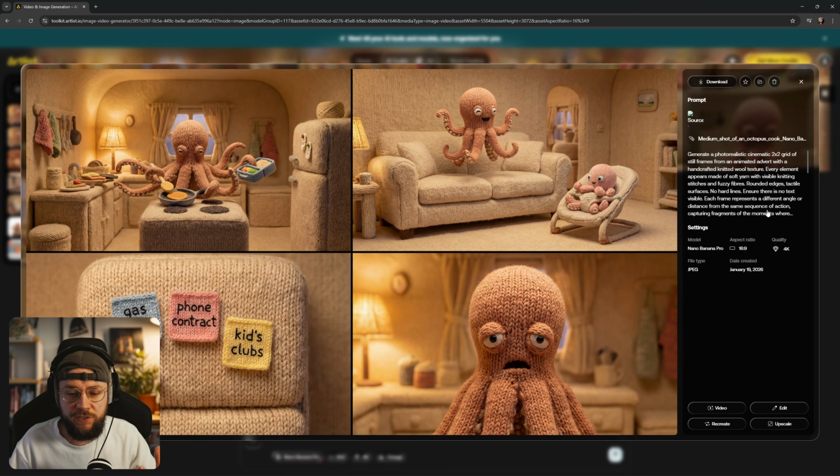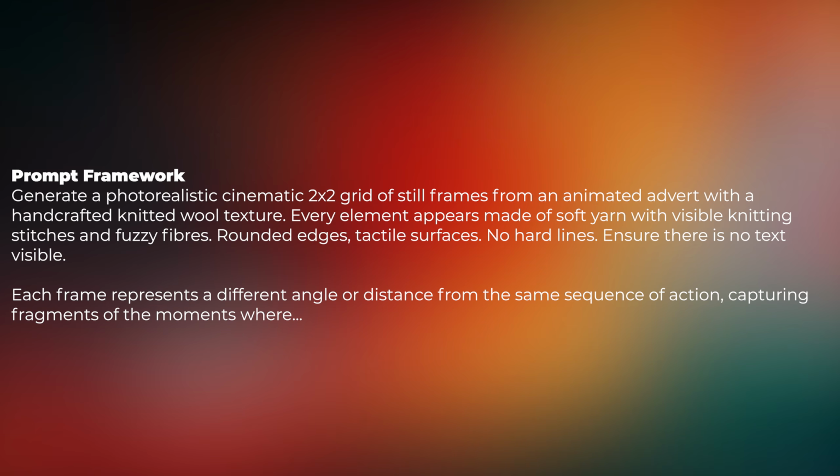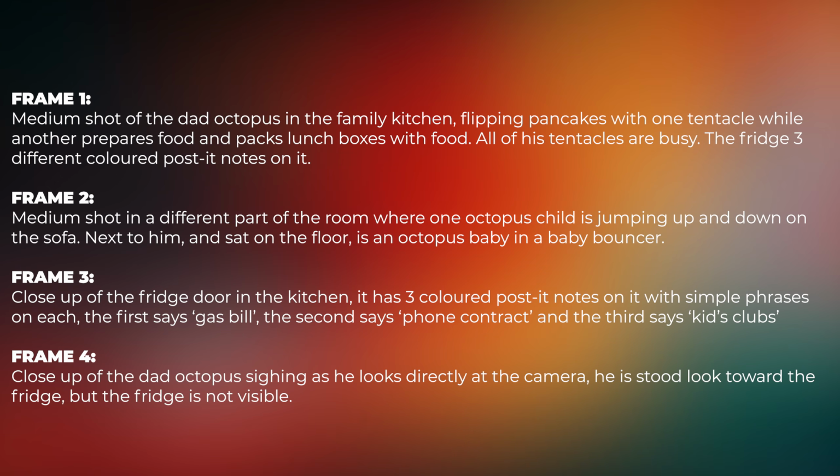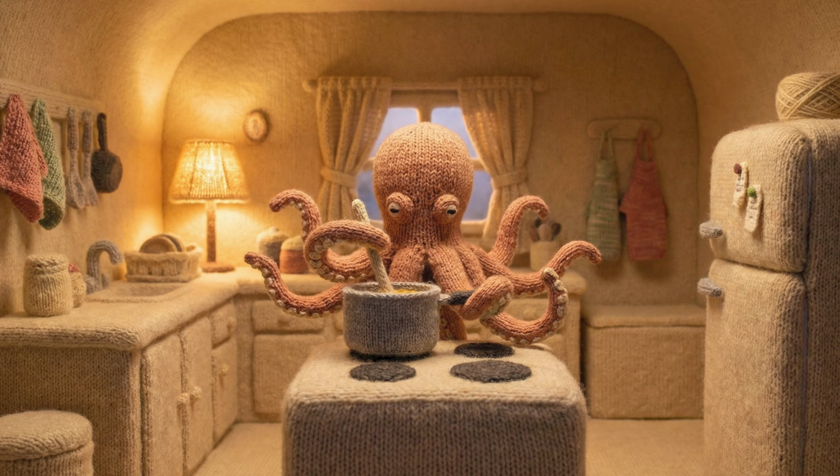What we essentially do is the prompt starts with this framework, which is informing Nano Banana that we want these 2x2 grids. And then I go on to specifically describe each individual numbered frame with what I want Nano Banana Pro to show me. In terms of the image reference, we would have gone for that initial generation of the octopus in the kitchen.